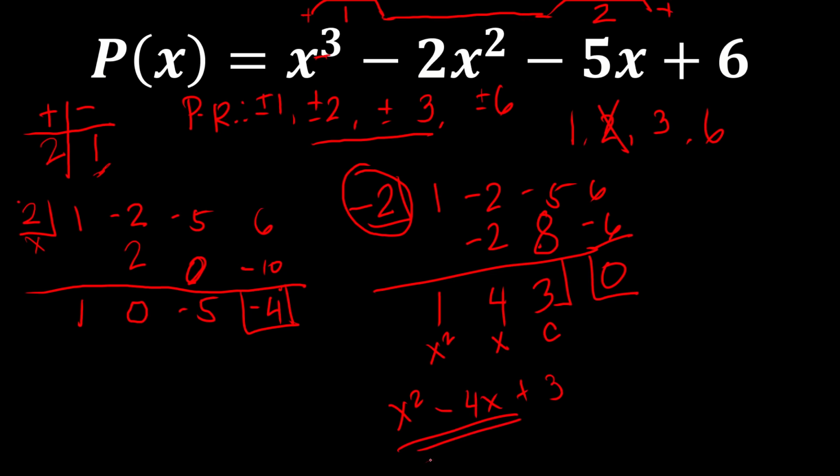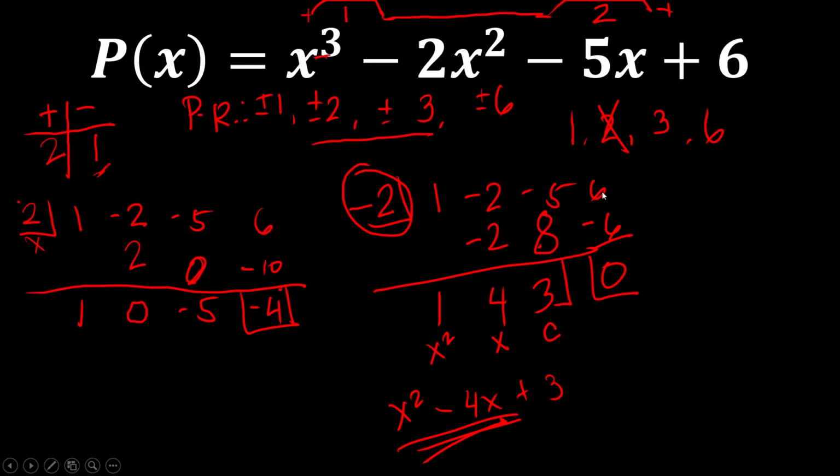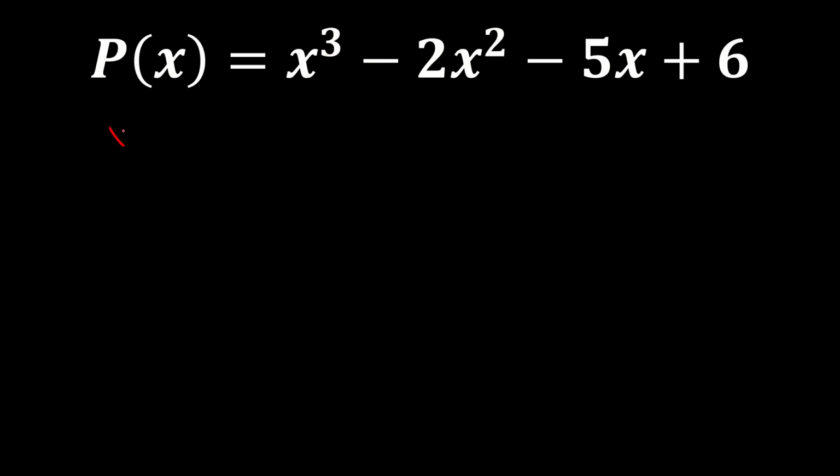So, ito na yung gagamitin natin. So, next slide ko po. So, again, negative 2 pala yung tamang answer. So, we have, again, dito ay x squared minus 4x plus 3.